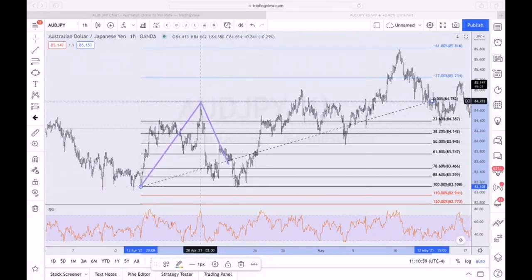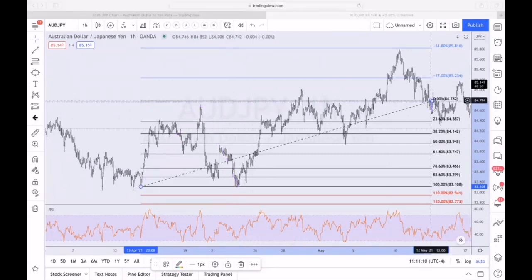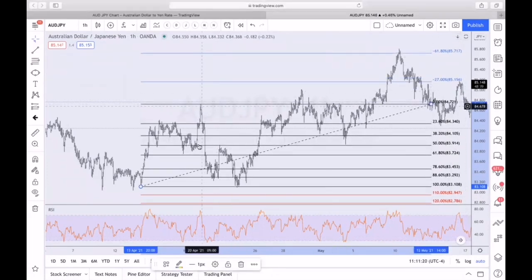Price pulls back. Let me line up that point B really quickly so that it hits exactly. You want it to line up as much as possible. So let me take off this annotation, pull our fib structure down to where it touches perfectly here, okay?